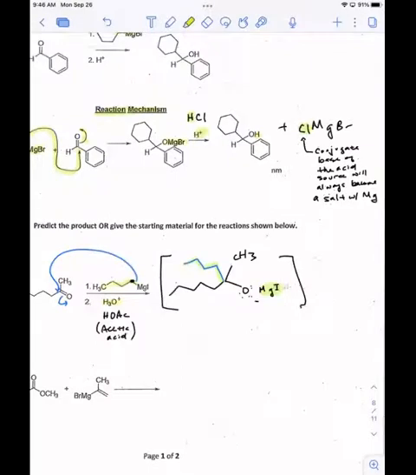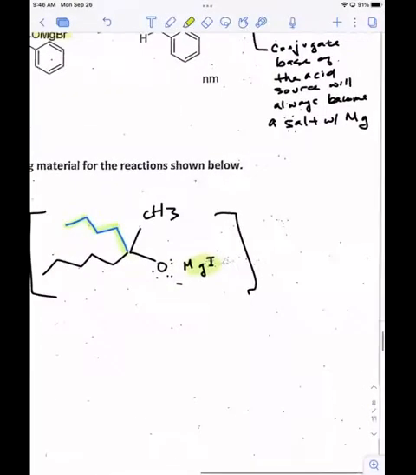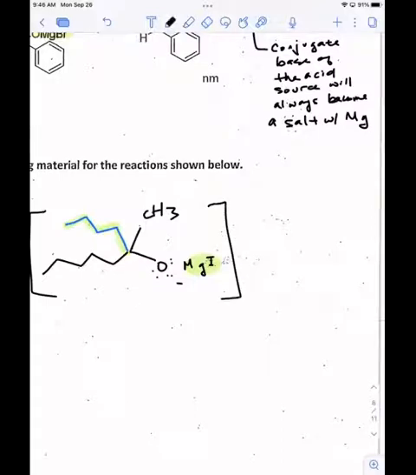Now the next step is to add in the acid. So it's the proton right here that's going to end up on the oxygen to make my alcohol. And then the rest of it is going to end up with magnesium, the conjugate base, right?